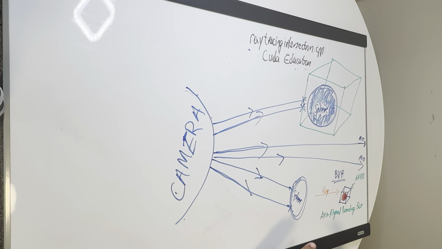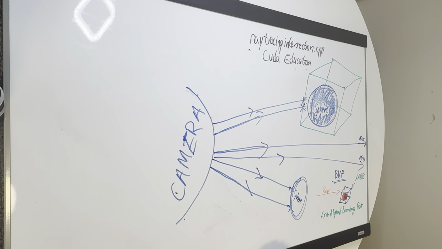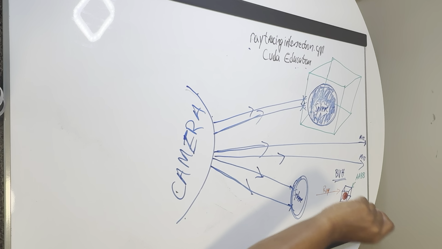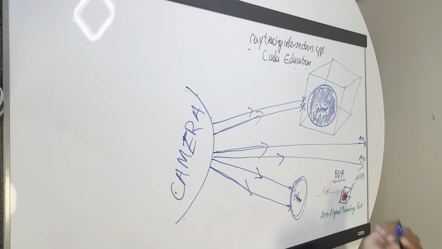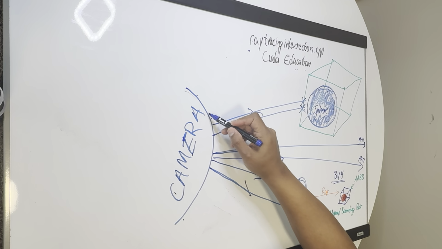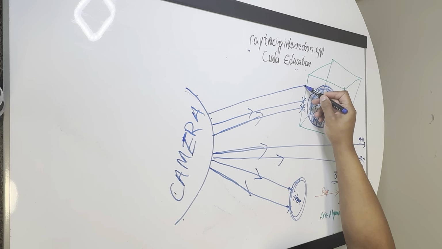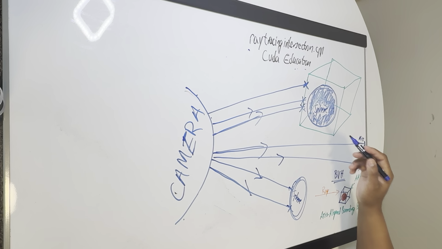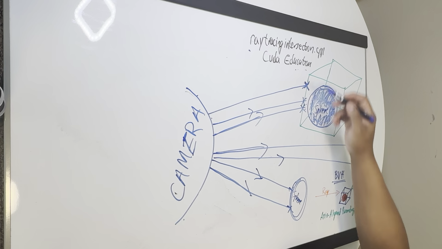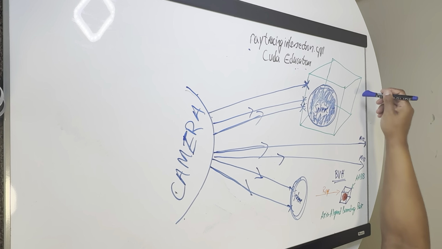Now here is where you guys have to pay attention. There are also rays that are in the vicinity of the sphere and hit the axis aligned bounding box.